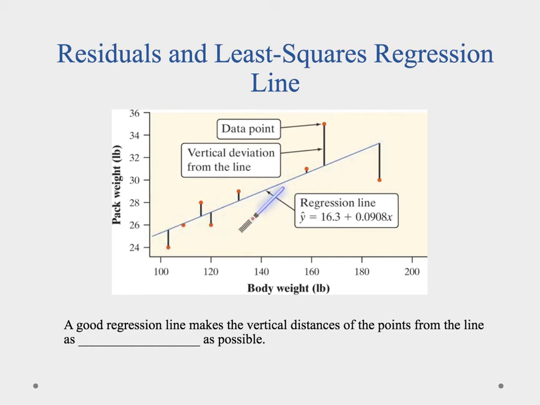Now the line is the predicted values for y. But we can see that the actual data point in that regression line is quite a bit away. When we take this difference, we get what's called a residual. So a good regression line makes these vertical distances or residuals of the points from the line as small as possible.